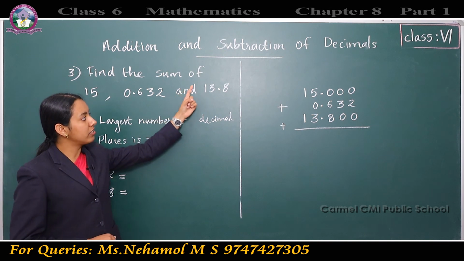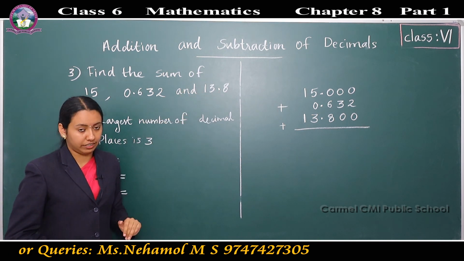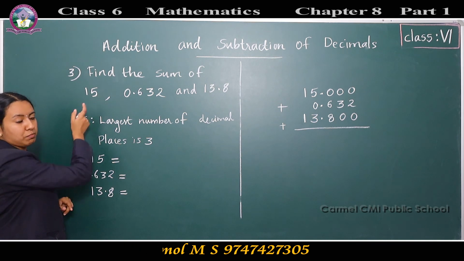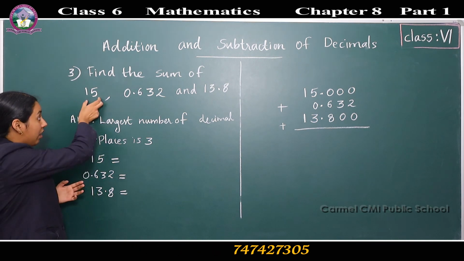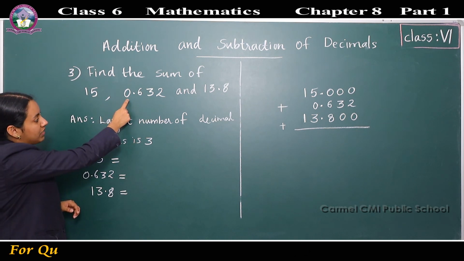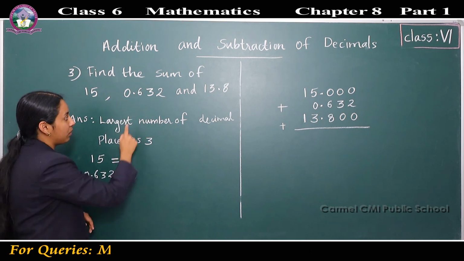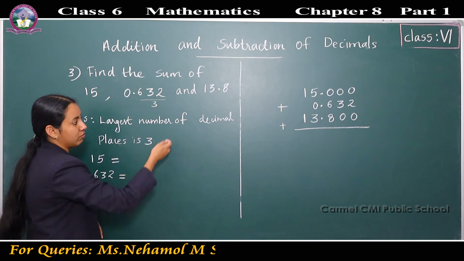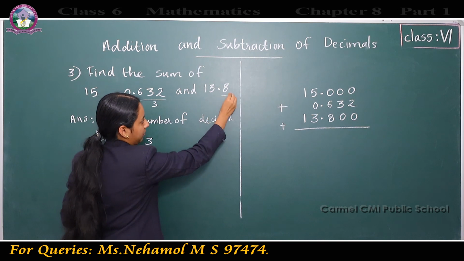Next question, find the sum of 15, 0.632 and 13.8. Then how many decimal places are there in the first number? No decimal place, only whole part. Then how many decimal places are there in the second number? 1, 2, 3. 3. Then what about this number? 1.